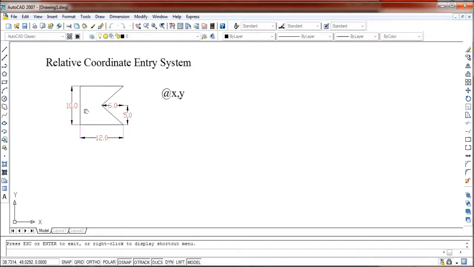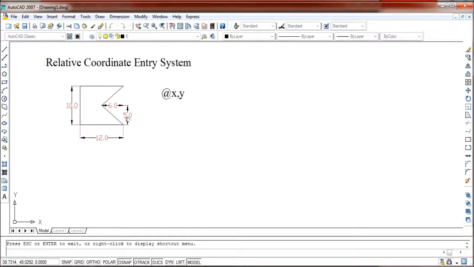Our target is to draw this object using the relative coordinate entry system. When we enter the values using the relative coordinate entry system, the values must be preceded by an at sign to indicate relative. So at, then the x value, comma, the y value.